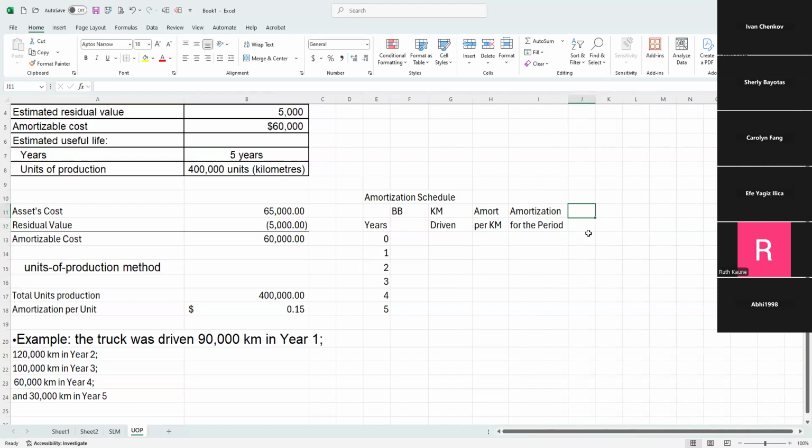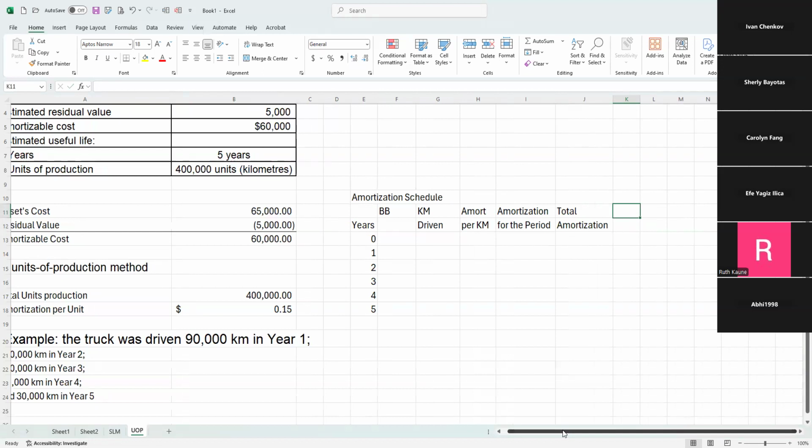Then we're going to have total amortization. And the last column will be ending balance, or that will be carrying cost.